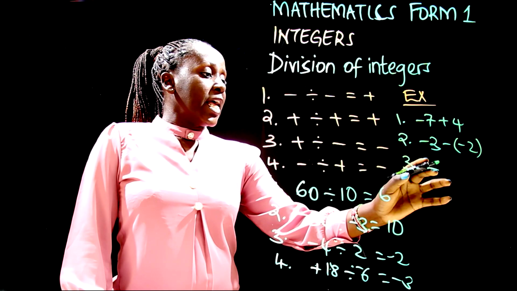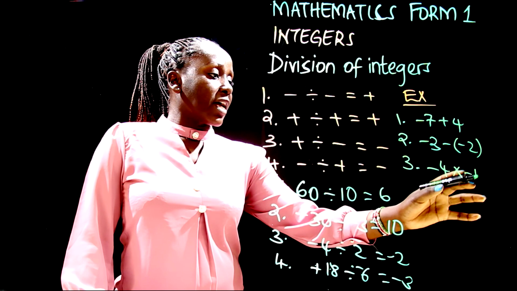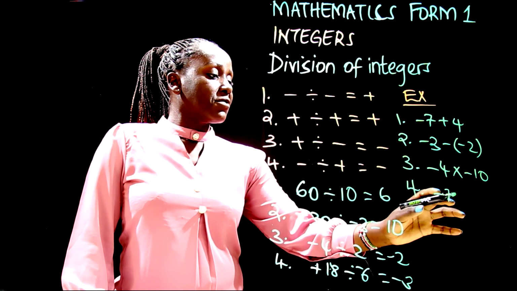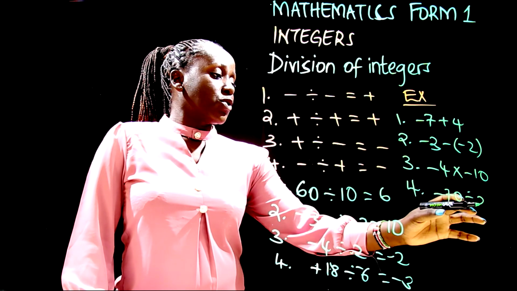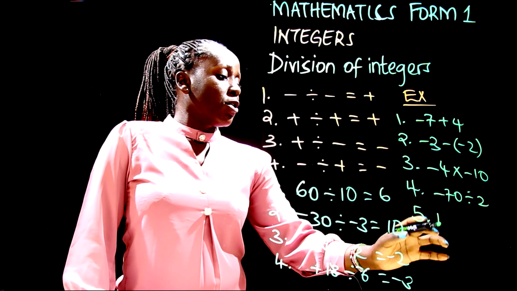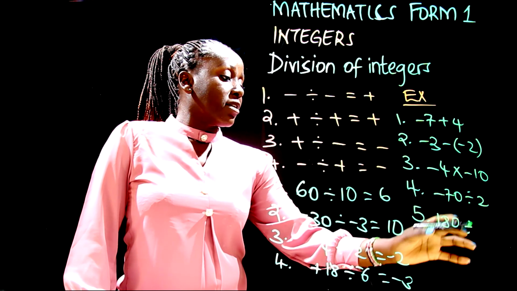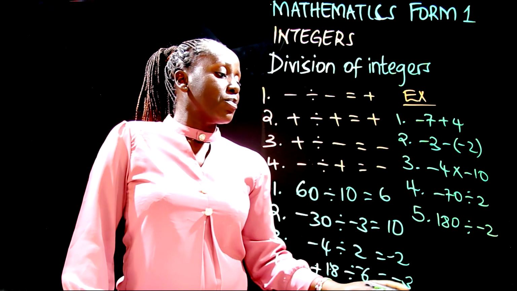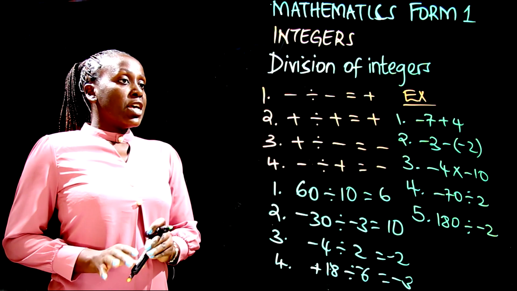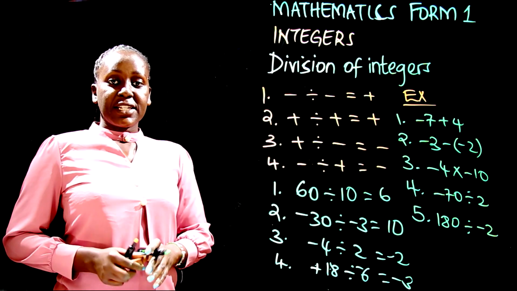Number 3, negative 4 times negative 10. Number 4, negative 70 divided by 2. Number 5, 180 divided by negative 2. So attempt these questions and test yourself, and I know that you will get them right.